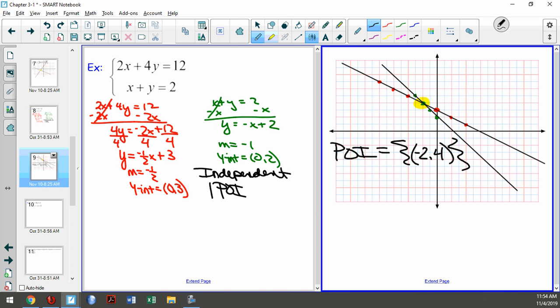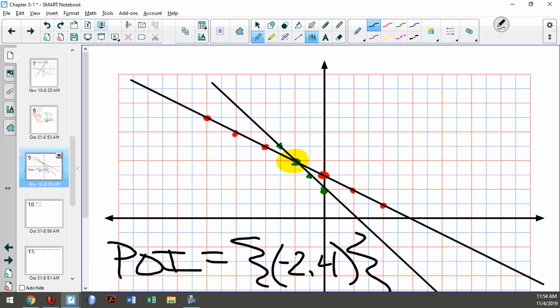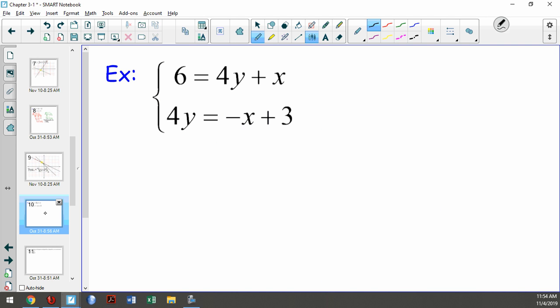Okay. Now, you don't have to graph these next ones. We're just going to go ahead and do them algebraically. I want you to take those two equations and tear them apart and solve for y.